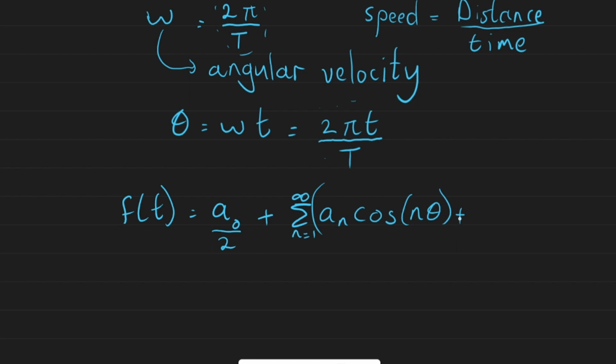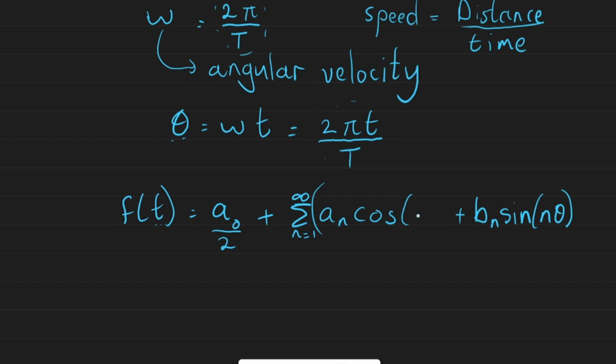Since it's moving along this radial distance, the angle is actually x. So we have linked that with t. So instead of theta, we can now replace that with 2 pi t over capital T.